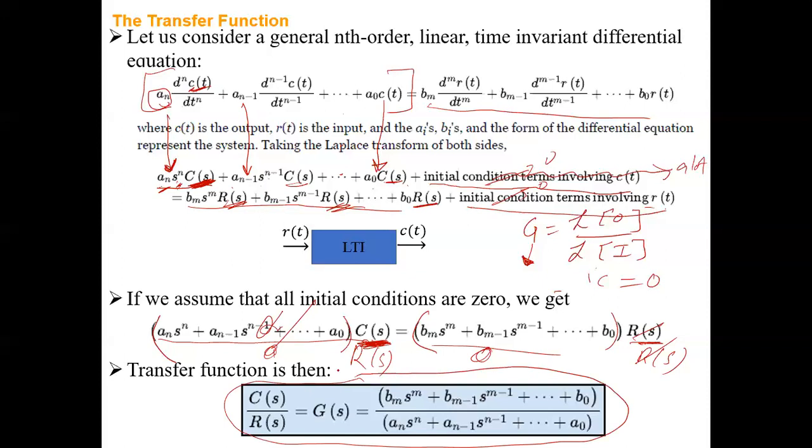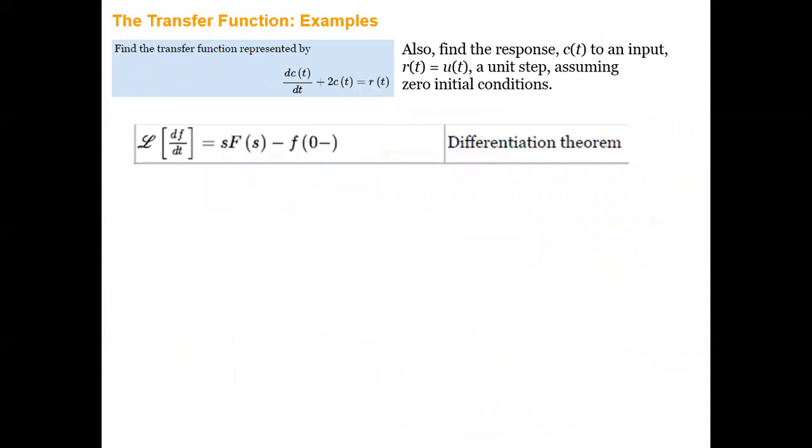Okay, let me do one example that should clarify it. Let's do this example, then this should be fine. Find the transfer function represented by this equation here. We are given the differential equation here, so n equals 1, m equals 0.